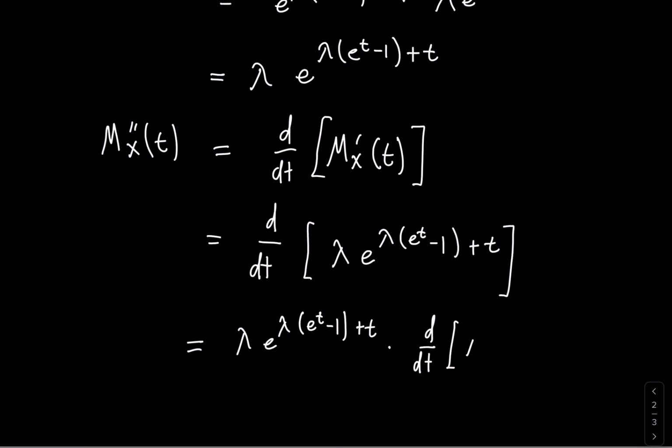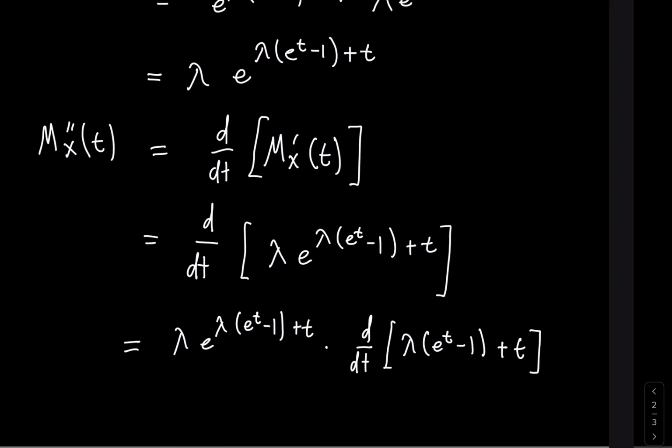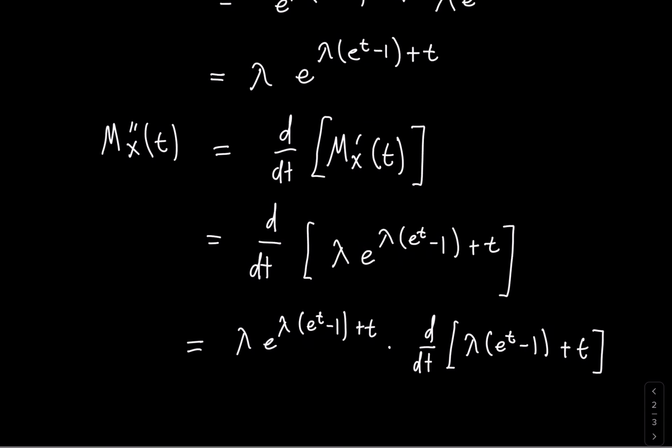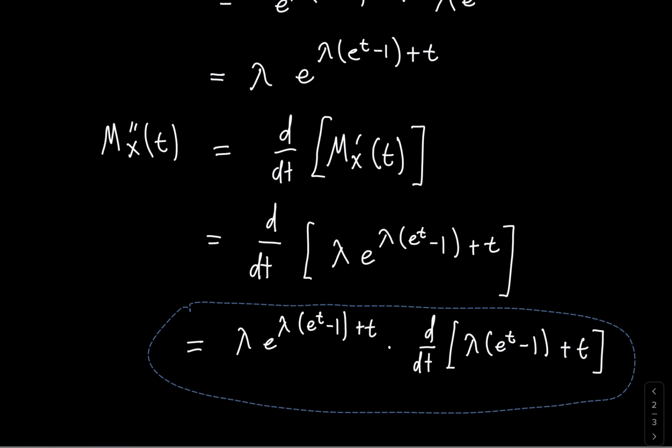So again, that becomes lambda e^t minus 1 plus t. And of course, that constant out the front can just also stay as a constant out the front by the rules of differentiation. So let me take this expression and copy it across.